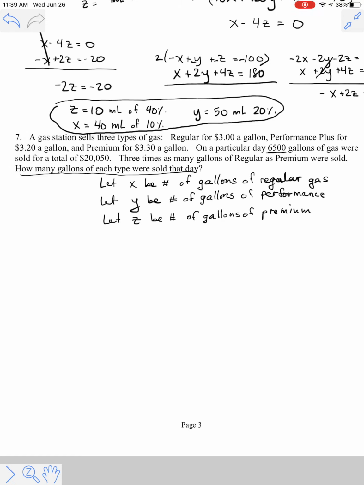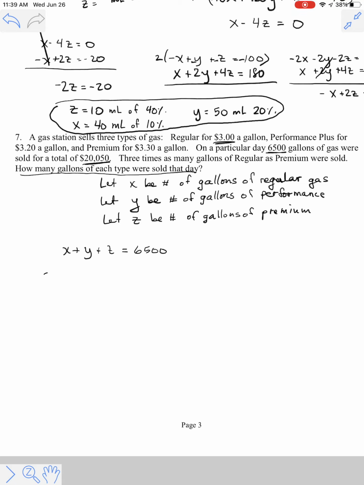It says total there were 6,500 gallons for that day, so that's going to be all of the types of gas combined. And then it says the total profit there was $20,050. The profit comes from the number of gallons multiplied by the price.